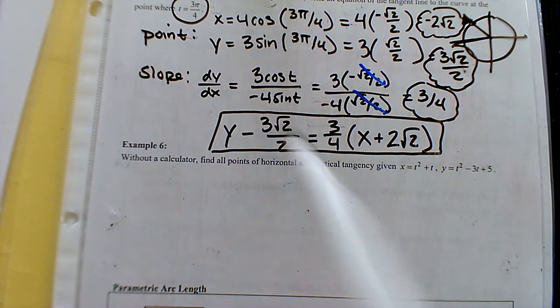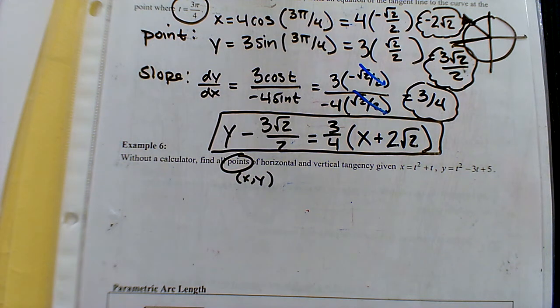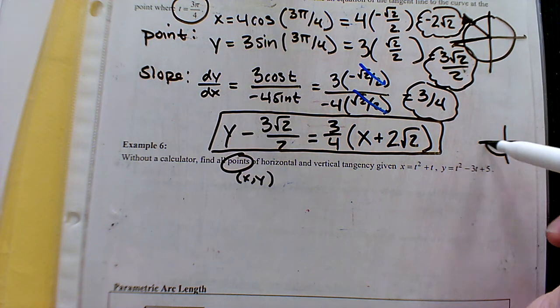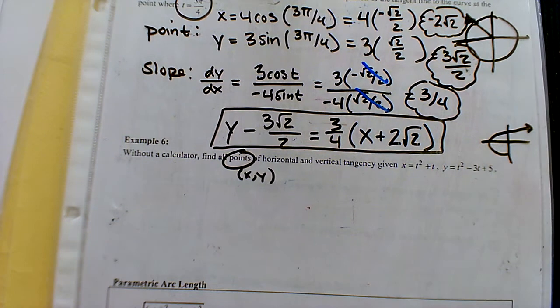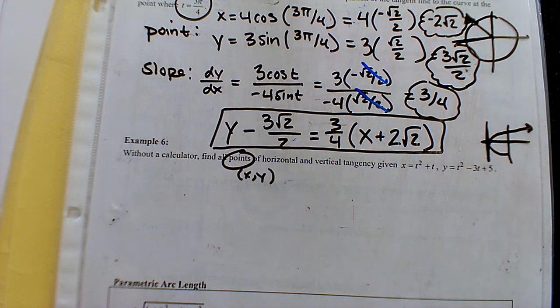Without a calculator, find all points, the x and y coordinates, of horizontal and vertical tangency to this parametric graph. This isn't the graph for this set, but the set we had yesterday kind of looked like that. Notice how probably at this point we'd have a vertical tangency, a vertical tangent line.